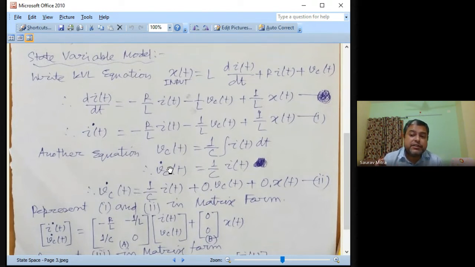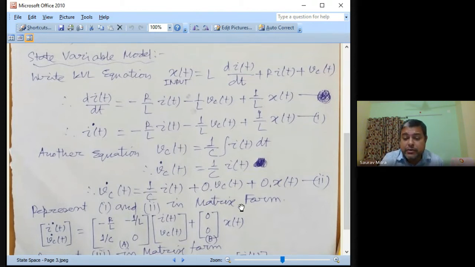That means the first order differentiation of the second state variable v_C(t) is equal to some component of the first state variable, that is 1 by C of i(t), plus some coefficient of the second state variable, that is 0 into v_C(t), plus some coefficient of input. Now in this case, as v_C dot t has only i(t) in it, the coefficient of v_C and the coefficient of x become 0. So this is the second equation.